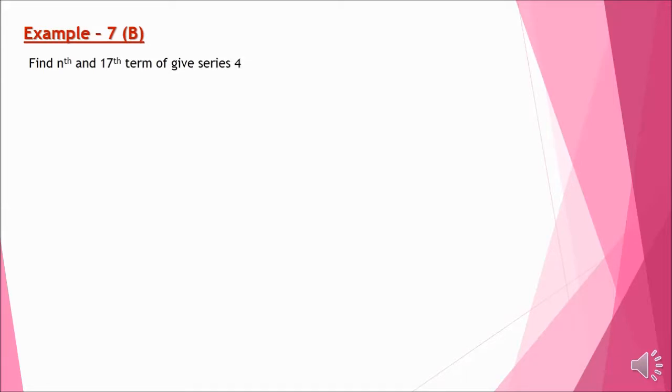You can see the series: 4, 16, 100 and 144. Now let's see how to do it. Solution: the given series is 4 plus 16 plus 36 plus 64 plus 100 plus 144.